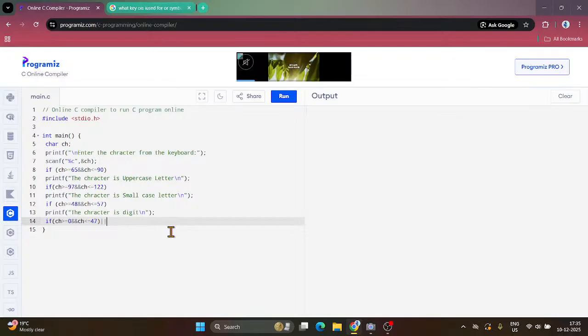Or CH greater than 58 and CH smaller than or equal to 64.